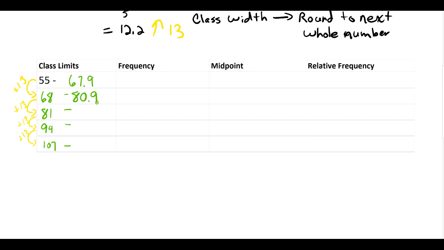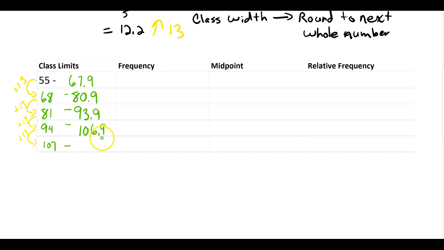And we put that 0.9 on there in case we have decimals or anything like that. It doesn't jump from one class to the other. It's a continuous value. And so we can have everything up until we actually hit 81. So this one's going to be 93.9 because this one starts at 94. This one is going to be 106.9 because this one starts at 107.